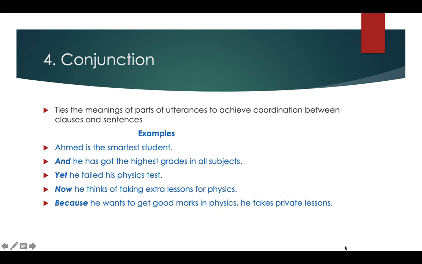Yet he failed his physics test. And then the second sentence is linked to the third one with the use of yet. Now he thinks of taking extra lessons for physics. Because he wants to get good marks in physics, he takes private lessons, okay? So all these words, and, yet, now, because, they are conjunctions because they are linking different clauses and sentences.